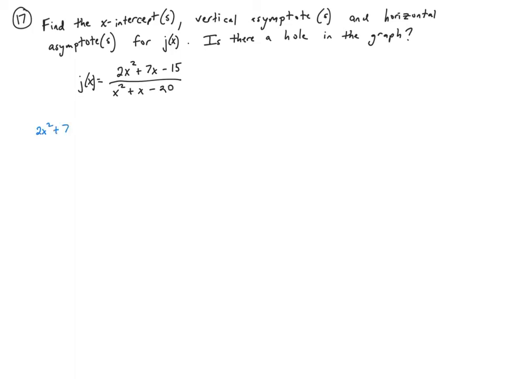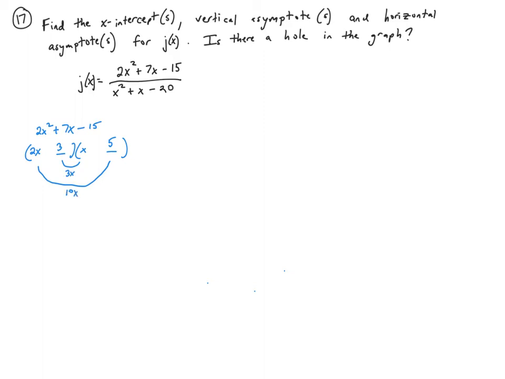Now we should do some side work for our numerator. We see that the only way we're going to get 2x squared is 2x times x. Now we need factors of 15 so that when we FOIL, we'll get positive 7. Those factors are 5 and 3. If we FOIL, we'll get a 3x and a 10x.